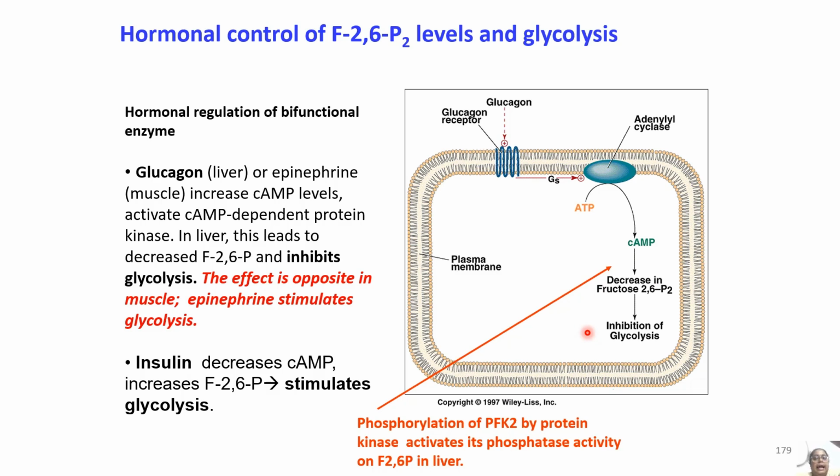It can activate the cAMP-dependent protein kinase, and in liver this will lead to decreased fructose 2,6-bisphosphate and inhibit glycolysis, right? This effect is opposite in muscle because epinephrine stimulates glycolysis. In the case of insulin, it decreases cyclic AMP, which increases fructose 2,6-bisphosphate and stimulates glycolysis.